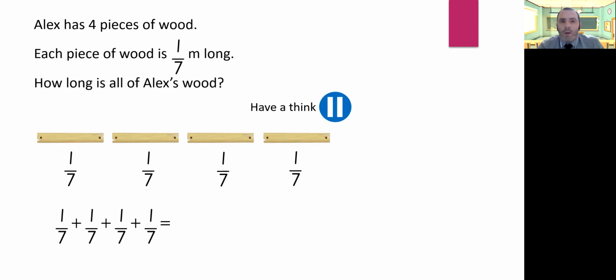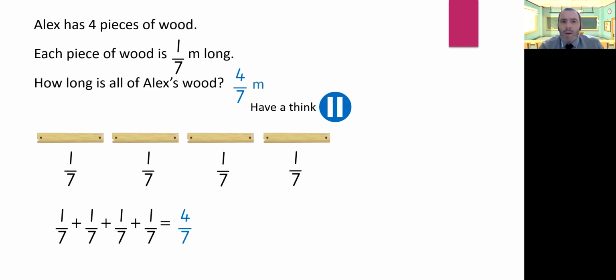Now we know from our addition with our fractions, so long as the denominator is the same, we can just add the numerators to get our answer. So we have our answer there of 4/7, because I know 1 add 1 add 1 add 1 makes 4. So how long is all of Alex's wood? It's 4/7. But hang on a minute, we're talking in measurement here.